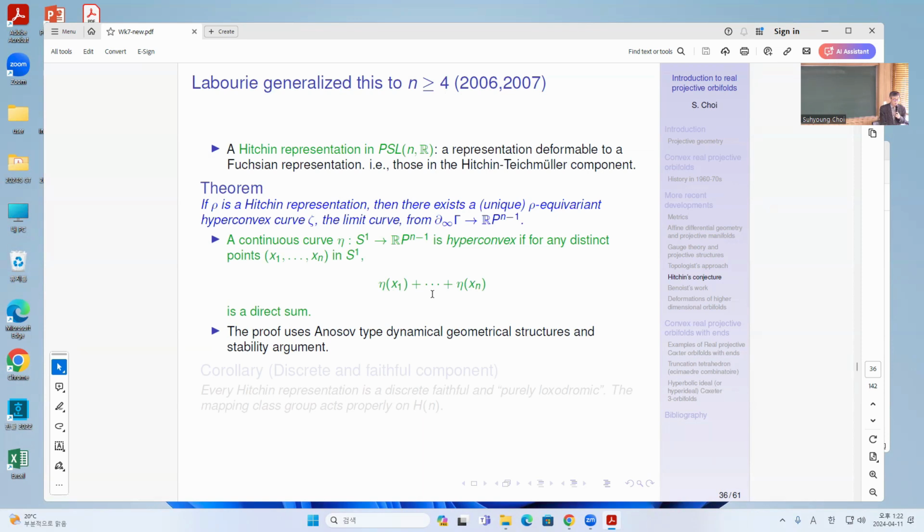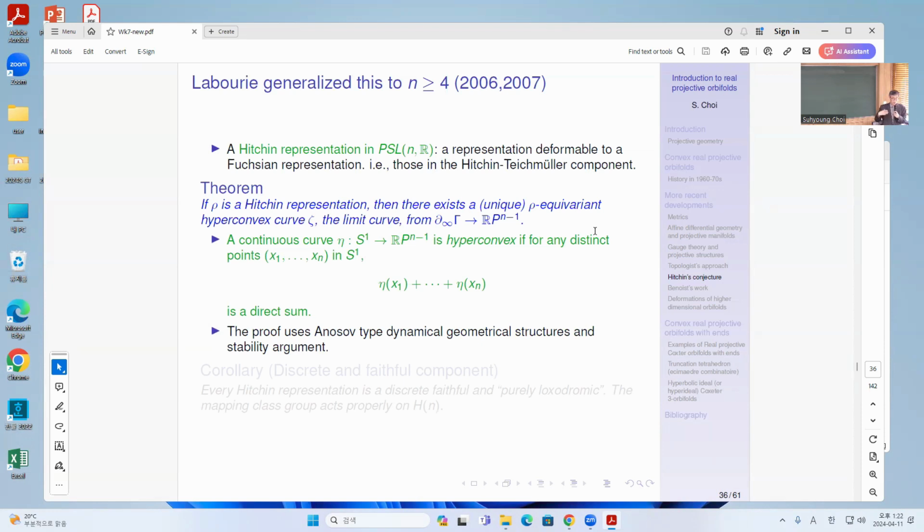So he showed that this is a hyperconvex curve, and the basic idea is that if you just send PSL2R to PSLNR in the irreducible form, then this PSL2R acts on this hyperconvex curve, which is smooth in the beginning for this Fuchsian one.